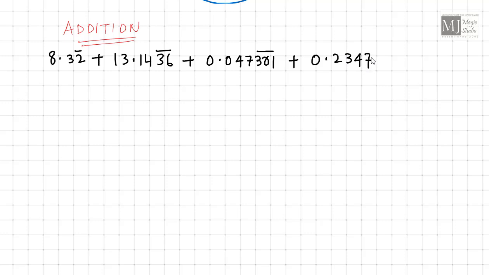This is a terminating number, this is not a recurring number. So there is no recurring, this is ending here, so we call it terminating number. Now I need to find the sum of this.